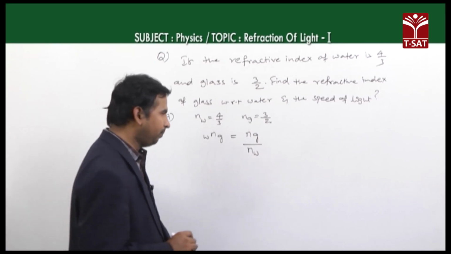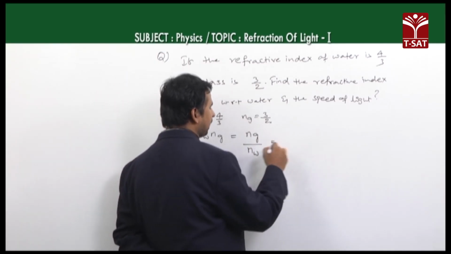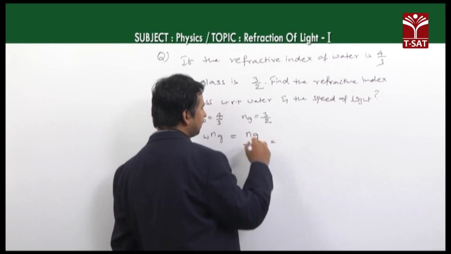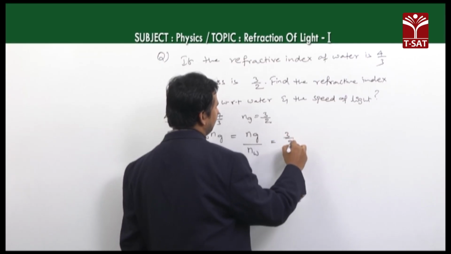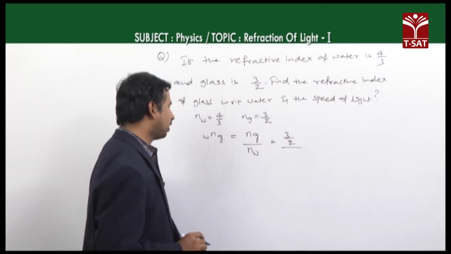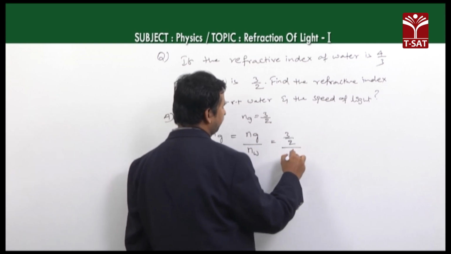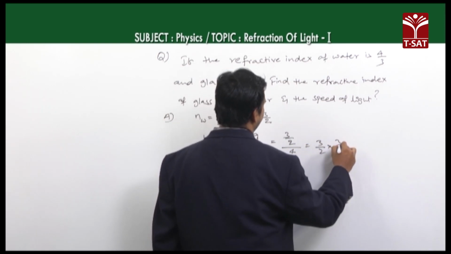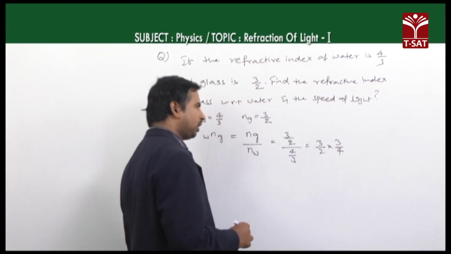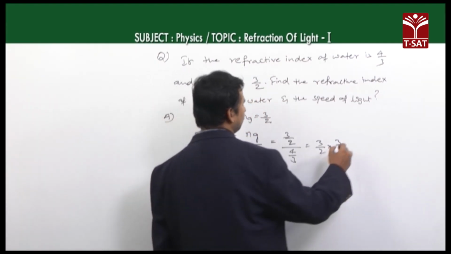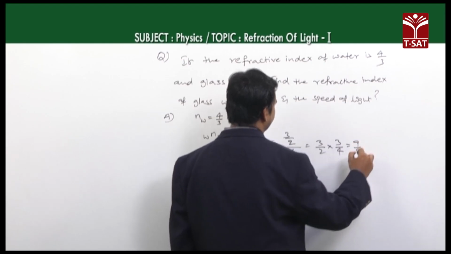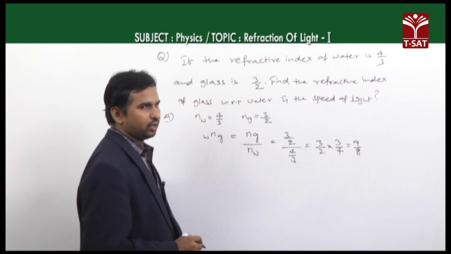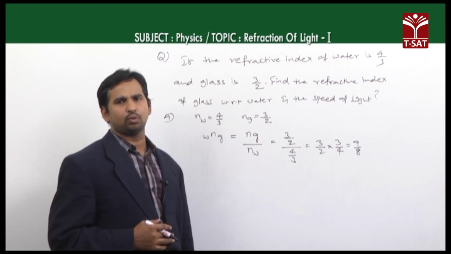Now, the glass has refractive index 3/2, whereas water has 4/3, then it becomes 3/2 of 4/3, and in reciprocal you will get 3/4, which is equal to 9/8. This is the refractive index of glass compared to the water here.